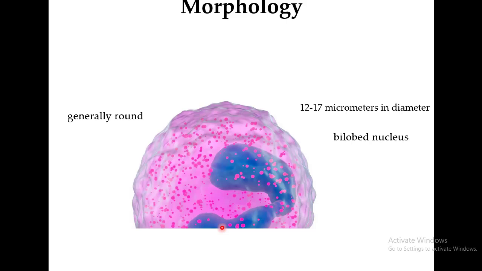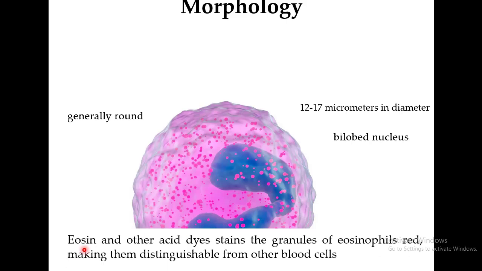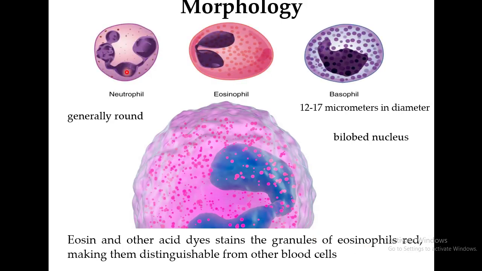To stain them, eosin or other acidic dyes are used, and these stain the granules of the eosinophils red, making them distinguishable from the other blood cells, particularly from other granulocytes like the neutrophils and the basophils. So you can see very clear-cut differences between the eosinophils and the other granulocytes in this image.